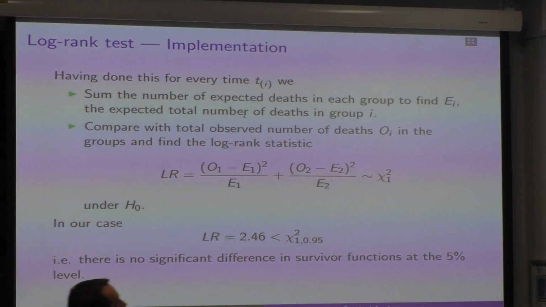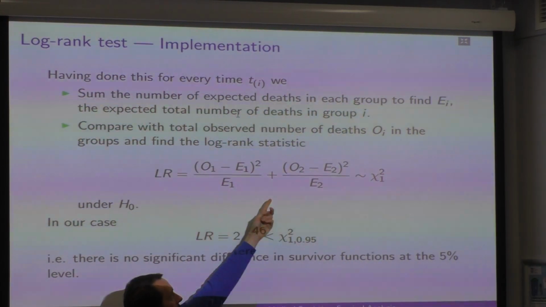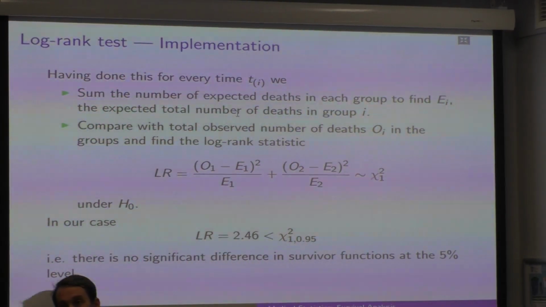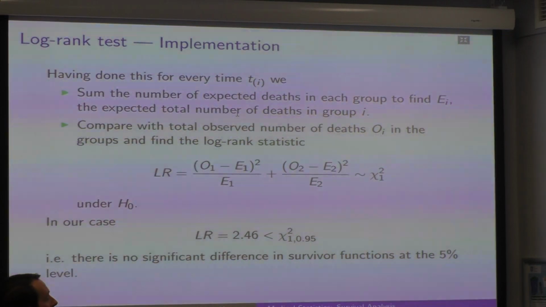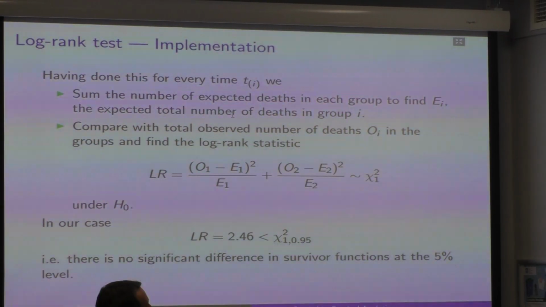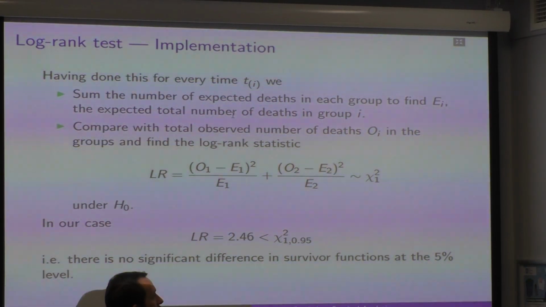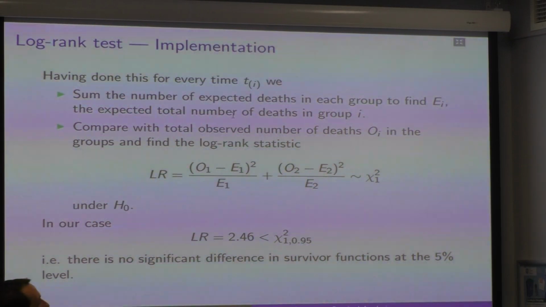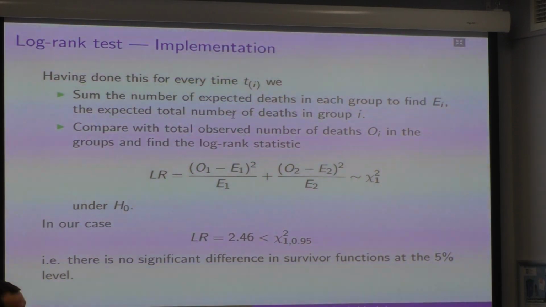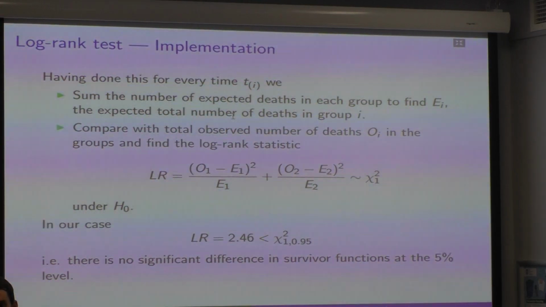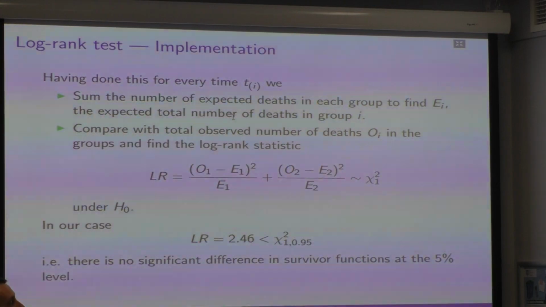So the p-value for my data that I've observed is bigger than 0.05. So therefore I don't have significant evidence to reject the null hypothesis that the two distributions are actually the same at that 5% level.